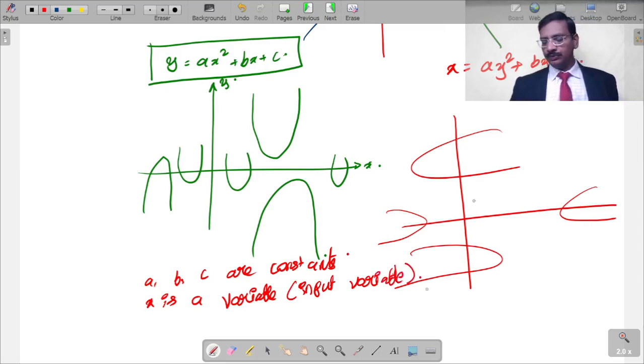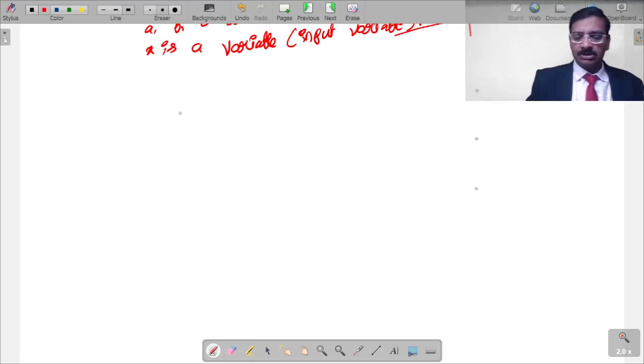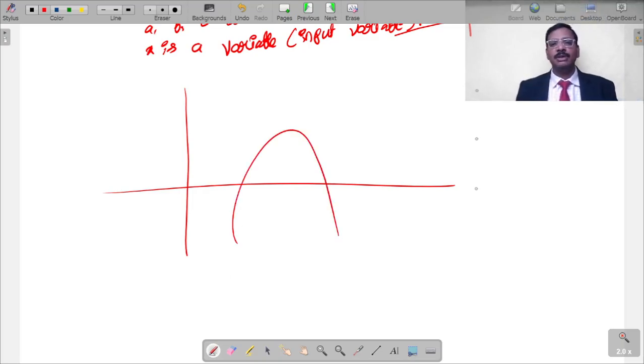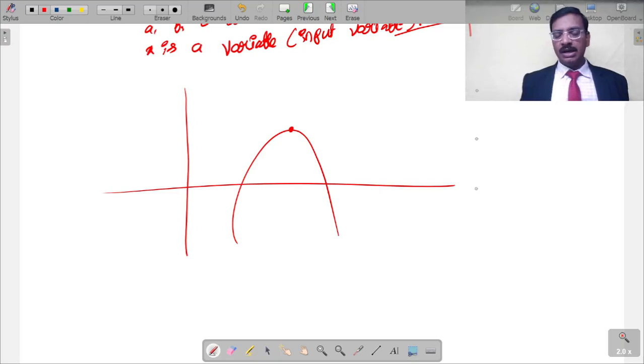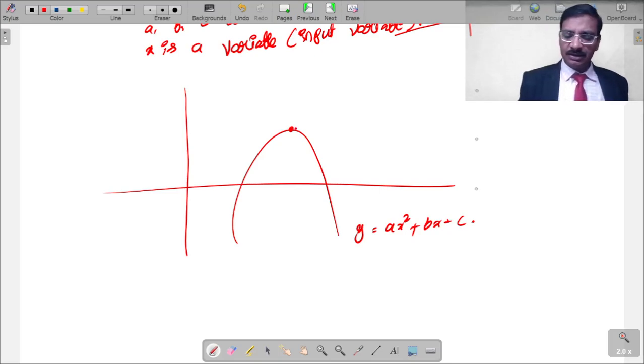Now why do we call this maxima or minima? Suppose I give a random shape like this. If you take exactly the topmost point, for this entire function y is equal to ax square plus bx plus c, no value of the function is greater than this highest point.